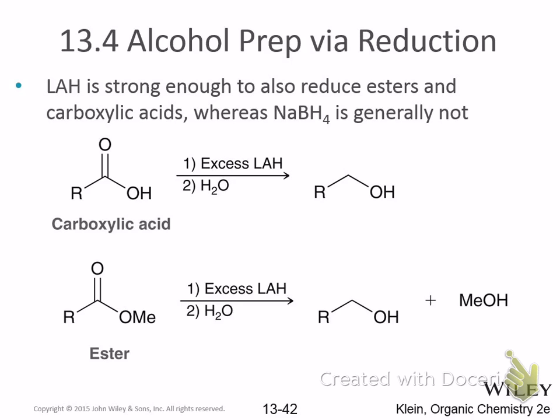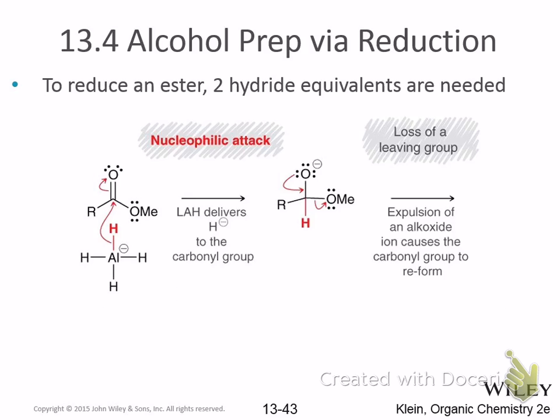The mechanism is pretty much what you might expect, so we'll go through it real quick. This is the easiest one to do, so we'll do this one. I have an ester. Again, this carbon is very positively charged.